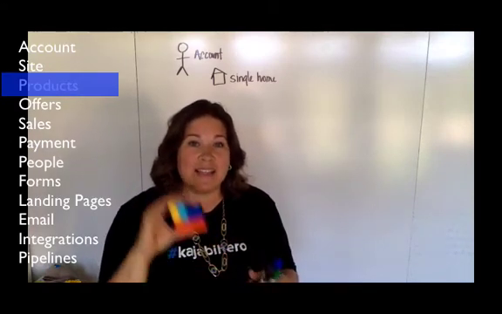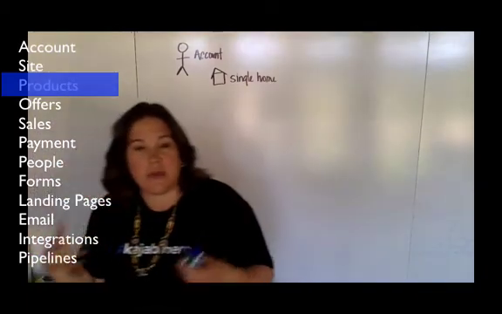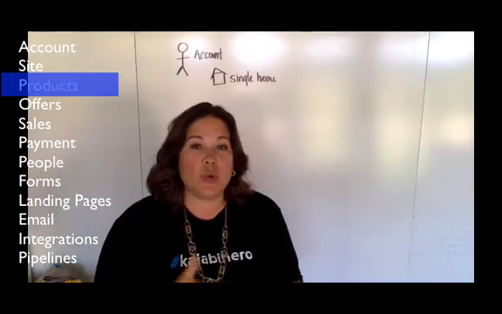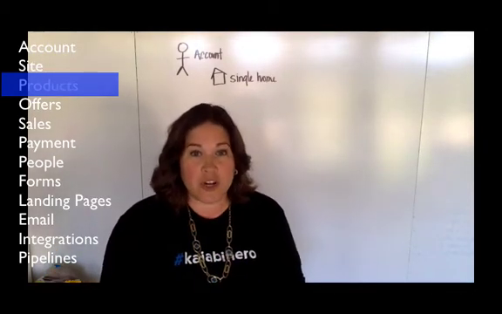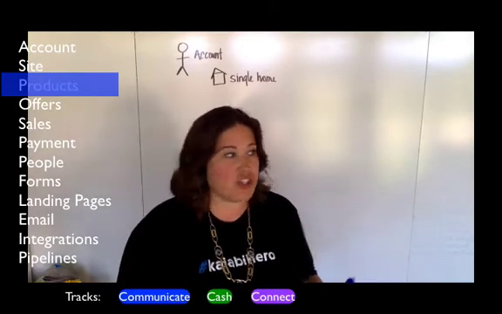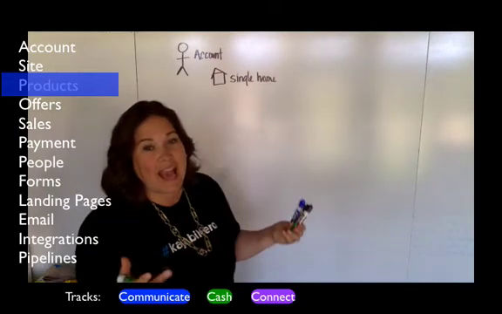So that is products. Now, as we're going through this information, I have a track system, okay? So I'm going to introduce you to the first piece of a track system, and it is cash, all right? And products fit into the cash track.